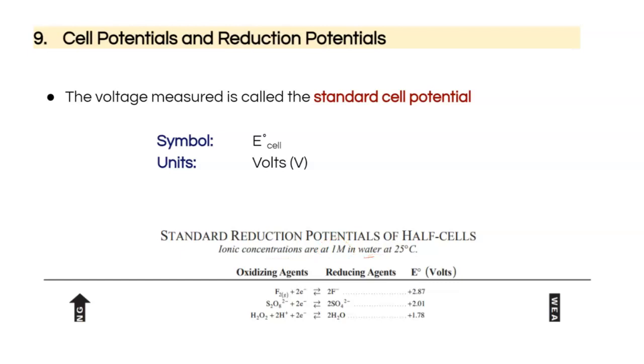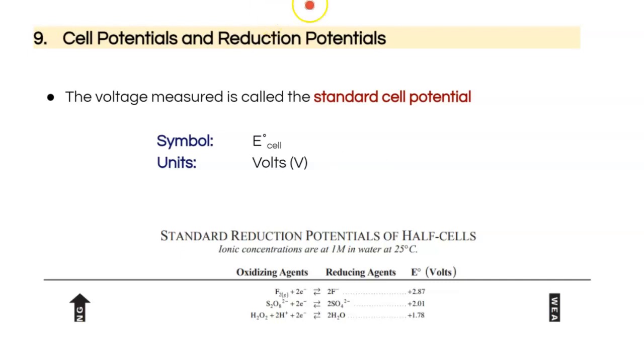Water is our solvent at 25 degrees Celsius. So they're being very specific about the concentration of the solution and the temperature at which the reaction happens that will result in particular cell potentials. Okay, so just to reiterate, the symbol for standard cell potential is this guy. And the unit, because it is measuring potential difference, is the volt.